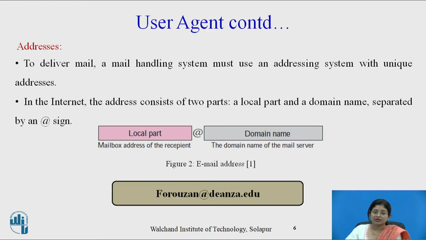For example, here the mail address is forouzan@denza.edu. So forouzan is the local part, that means the sender's name, whereas denza.edu, that is education, is the domain name. The domain name means the server with which we have to register. So this is the address of the user agent.